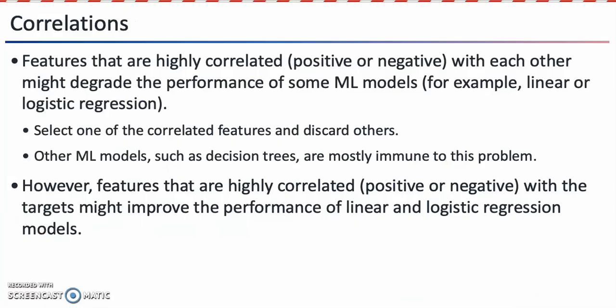So it is important to determine if columns or features are correlated, because this may interfere with the performance of machine learning models or algorithms.